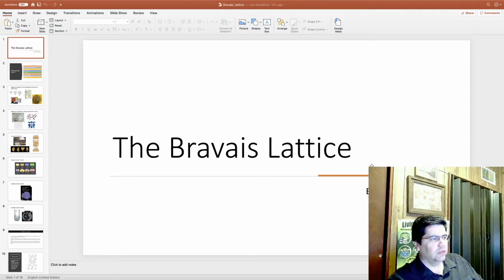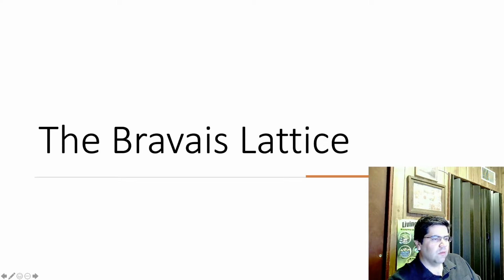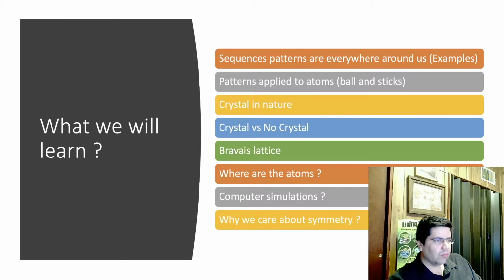Okay, so I'm going to go quickly into this presentation. I don't want to make it last more than 20 minutes. We're going to see that crystals have properties of translation and rotation, and there are sequences. They are found everywhere in nature.